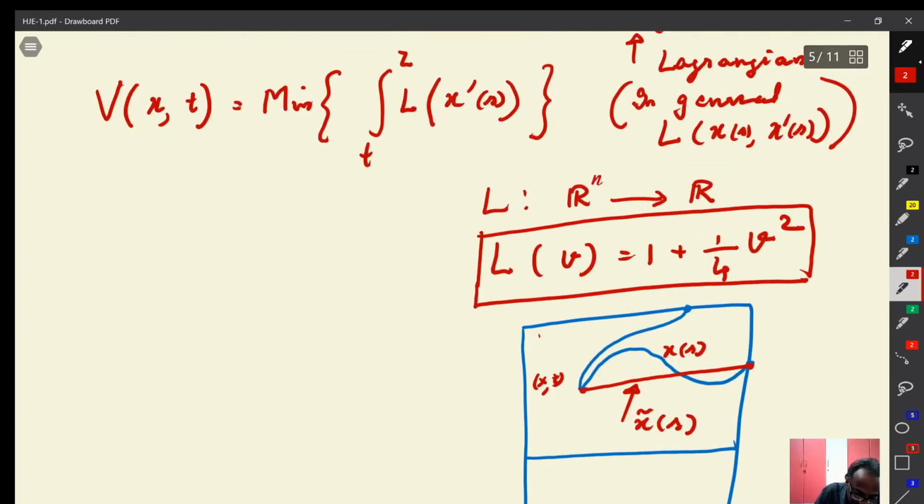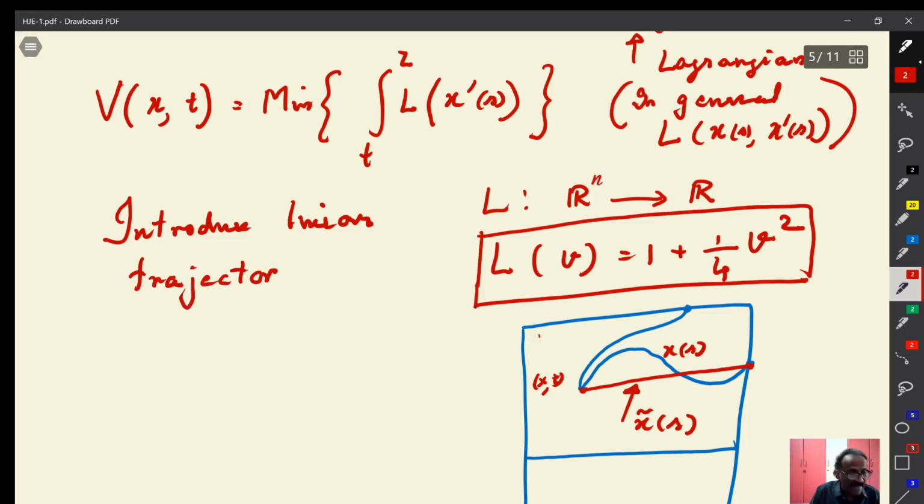So introduce the linear trajectory. I'm going to reduce this minimization problem to a minimization problem in Rn or R. You are going to minimize that problem. That's what is going to do it. So introduce the linear trajectories.